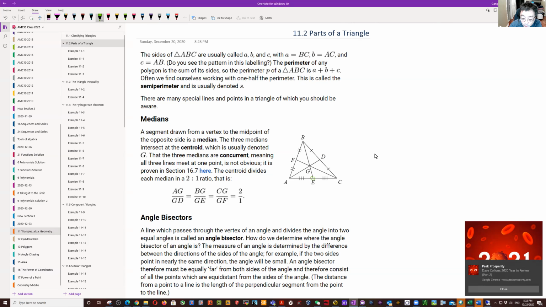And then they will all coincide at a point. The coinciding point is called the centroid. And the centroid basically is the gravity center. Also, one thing nice about this is that it divides the triangle into 6 pieces of equal area.